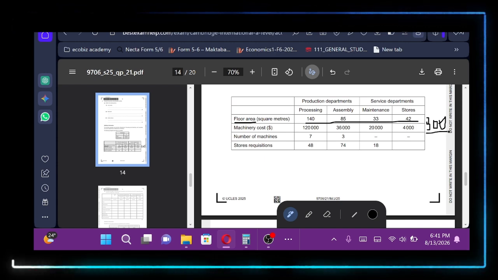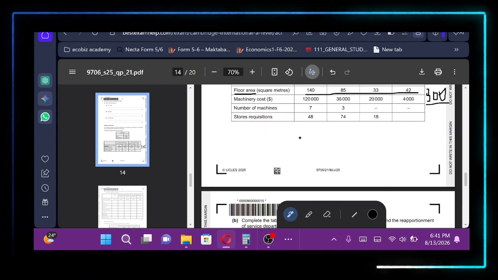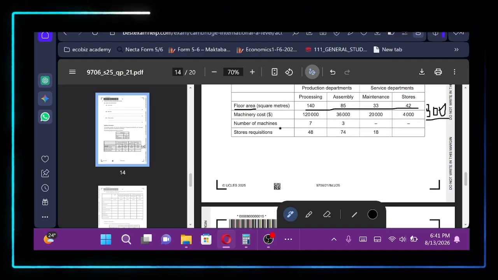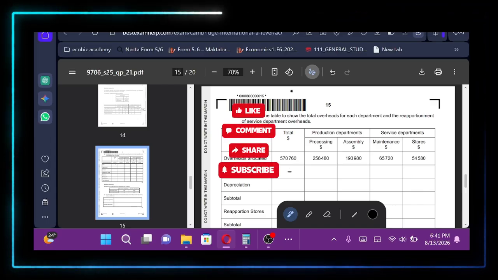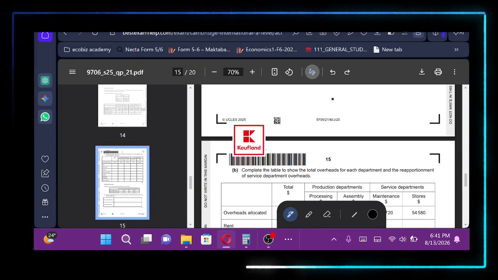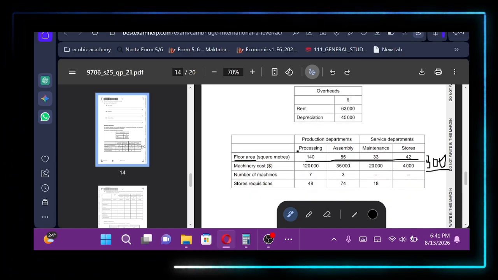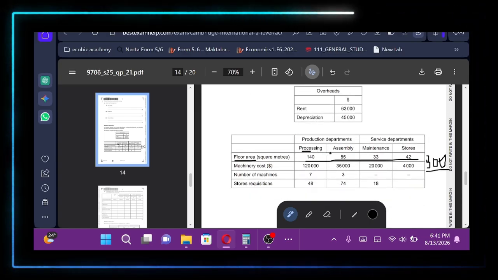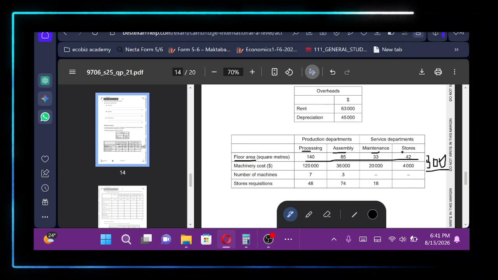Anyway, after that, what we're going to do is find the fraction. To find the amount that we're going to put here, first of all, we're going to take each section. We're going to start with processing, then assembly, maintenance, and then stores.